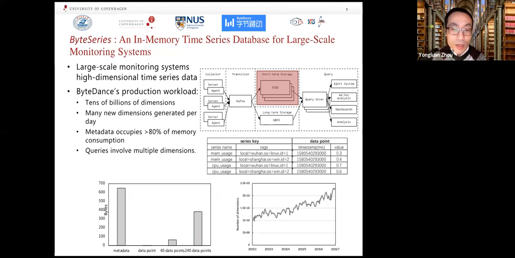This suggests that we have to develop a system that efficiently indexes the metadata, basically the time series key of the time series data. We have to do all this at the scale of tens of billions of dimensions and with a very fast growing number of dimensions. Next page, please.